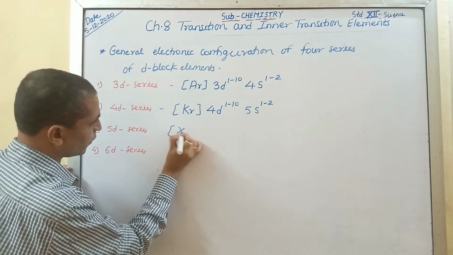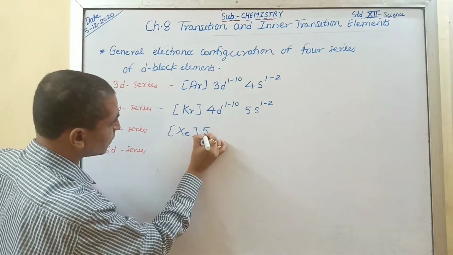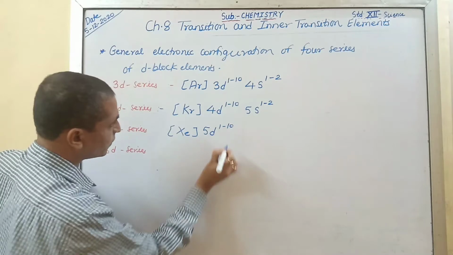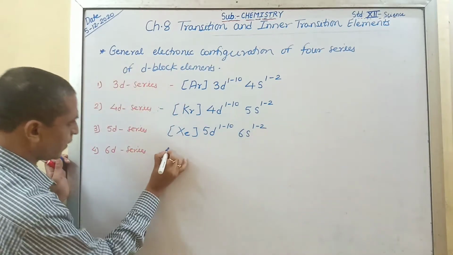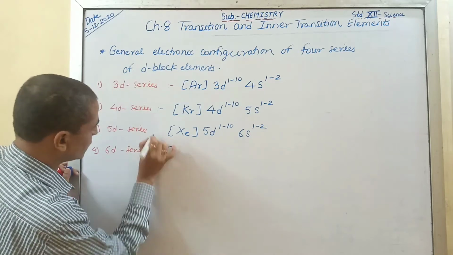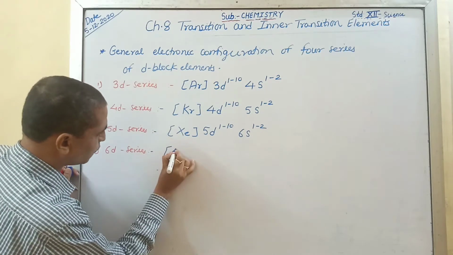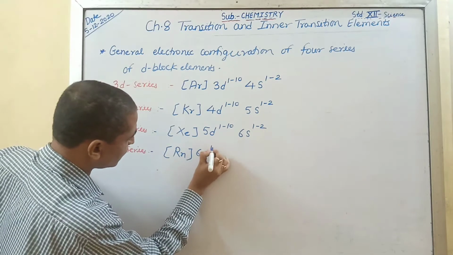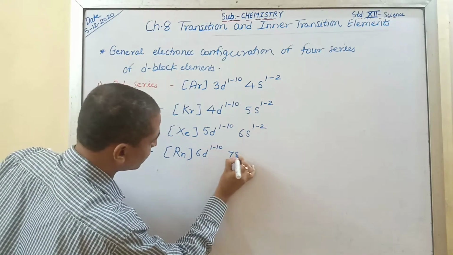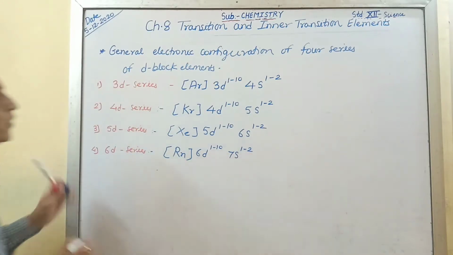For 5d, you have xenon, 5d 1 to 10, 6s 1 to 2. And for 6d series, radon, here you get 6d 1 to 10, 7s 1 to 2.